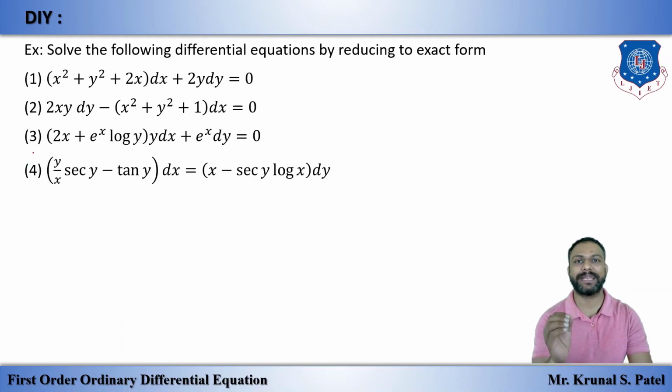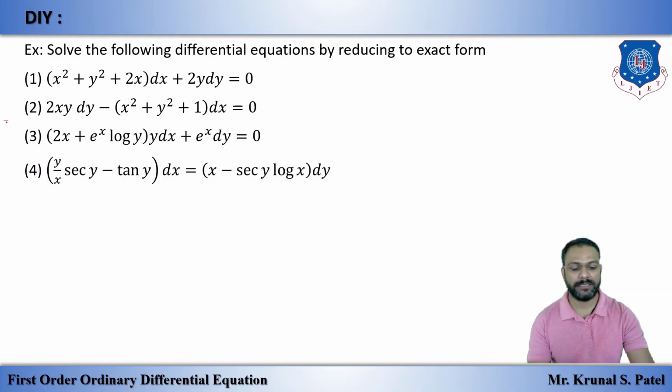So after finding del m by del y minus del n by del x, you have to just try and check that by dividing by m or by dividing by n, you will get the function of y only or x only. Okay, so this is the method. Please try to solve these examples. This will help you for the next lectures and in examination.